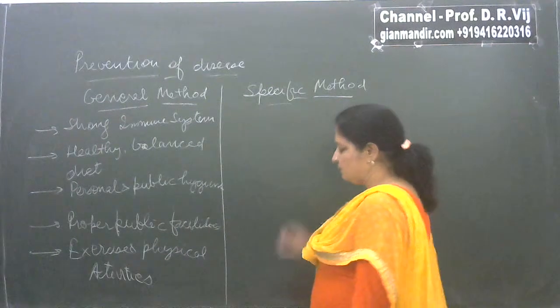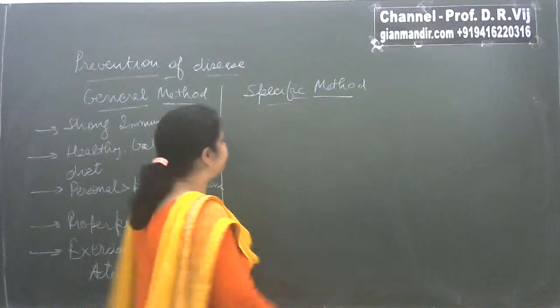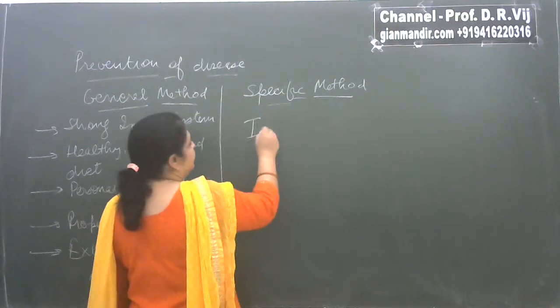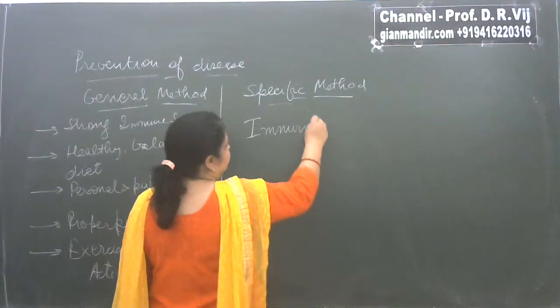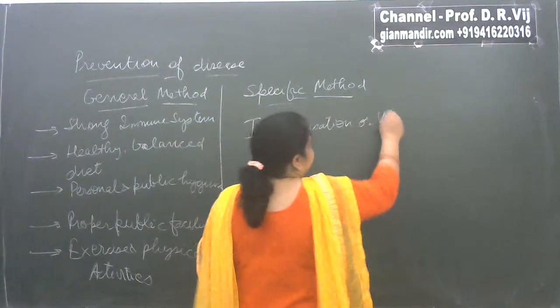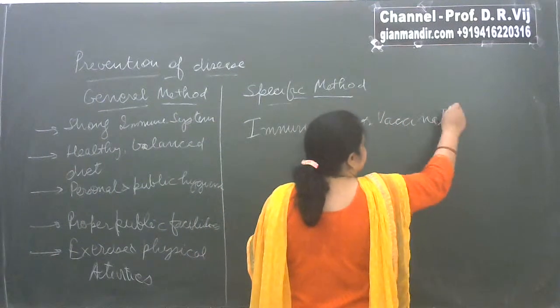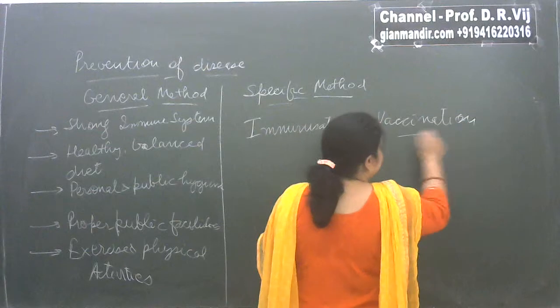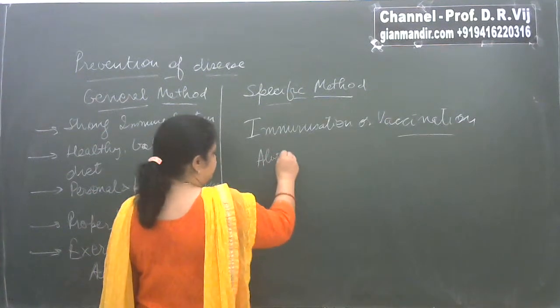And when we talk about the specific method of prevention of particular disease, then we talk about a process that is known as immunization, or also known as vaccination. Immunization or vaccination is an artificial way of strengthening our immune system.